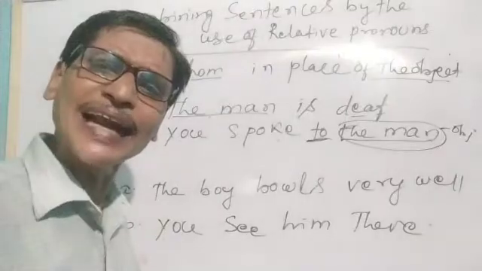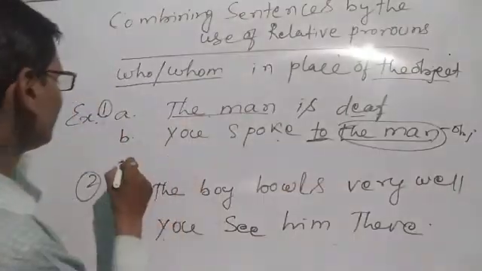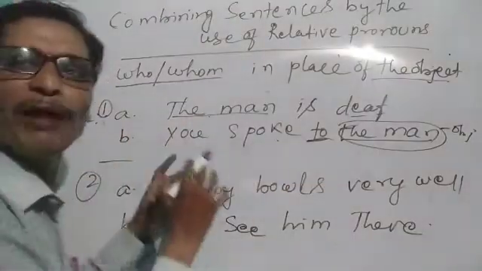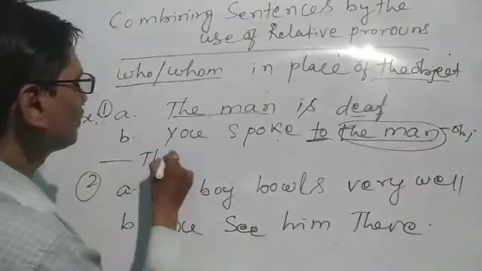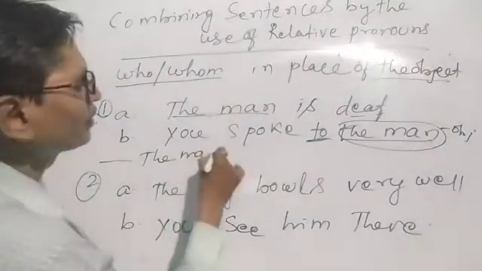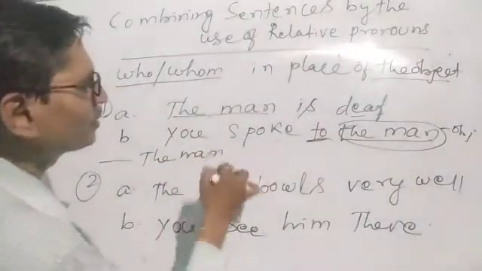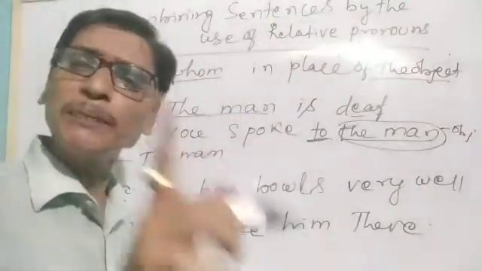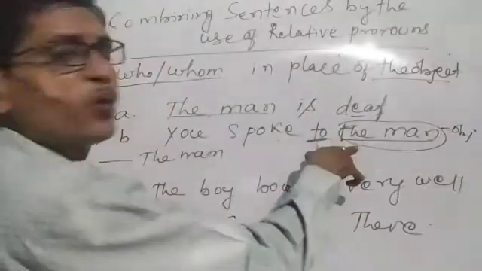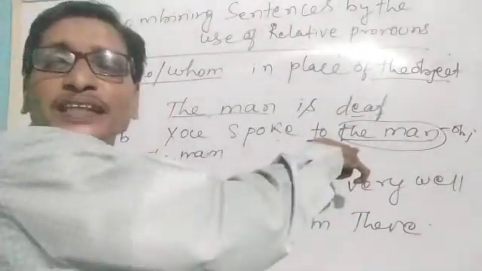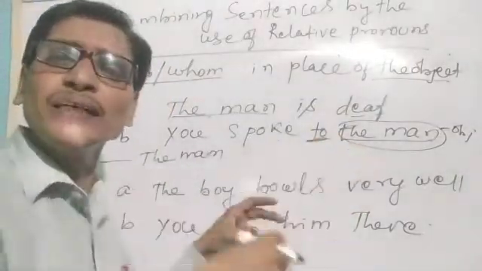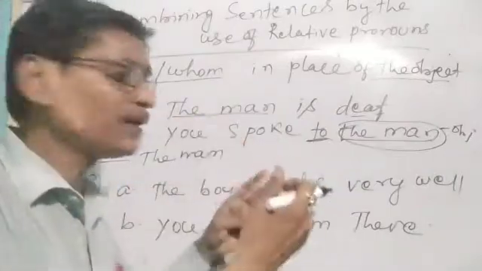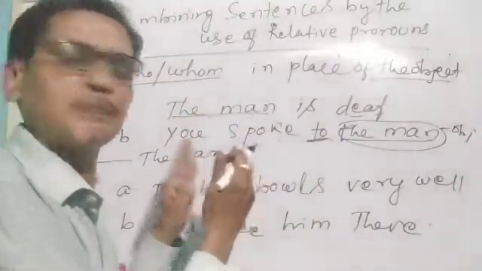So how can we write this? We can write the answer like this. To combine these, the man, here is a preposition. As I have told you, if there is a preposition before the pronoun, then we can use whom and keep the preposition before that.